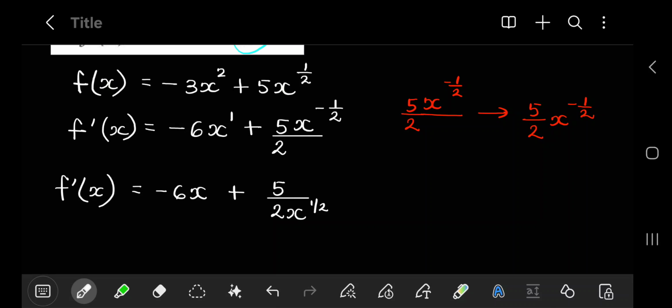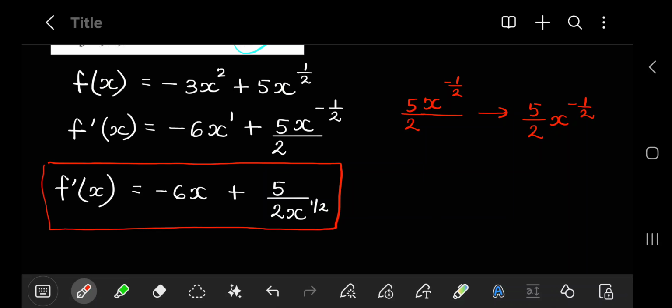So this is why I prefer that when you're differentiating at this step, I kept the x in the numerator, just so that later on when I moved it to the denominator, I knew that, okay, it's in the numerator, I just move it to the bottom, and its exponent becomes positive. So this is your final answer.